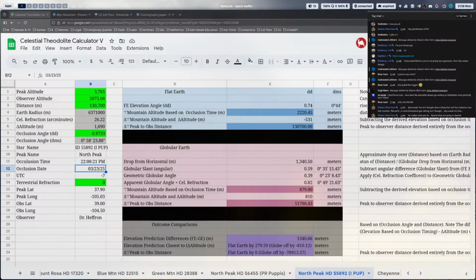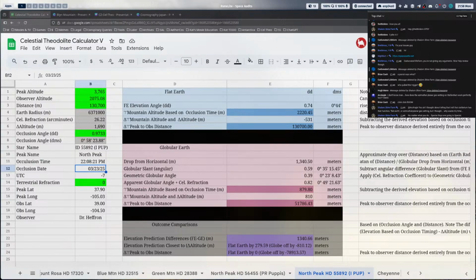Everything is always apparent. The only thing we're referencing that's fixed would be where the star once was, and then adding 15 degrees per hour to that. We're only referencing that. We don't care about what it optically appears. We're using the time at which the star was occluded, and we're referencing where the true position was at the mountain peak at that time.